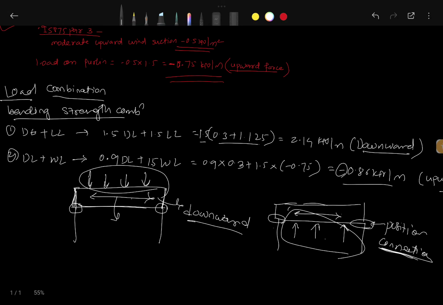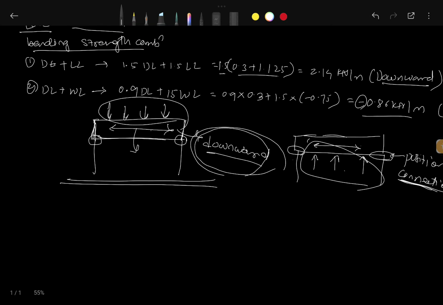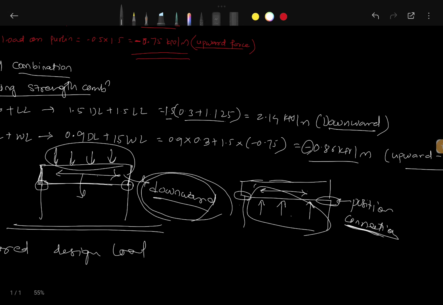So the upward load is critical for connection design, holding down the purlin. But for purlin member design, we will use the downward load. Basically, for purlin design, we use this downward load. We don't consider the upward load. So the factored design load here will be 2.14 kilonewton per meter, because this downward force is more.